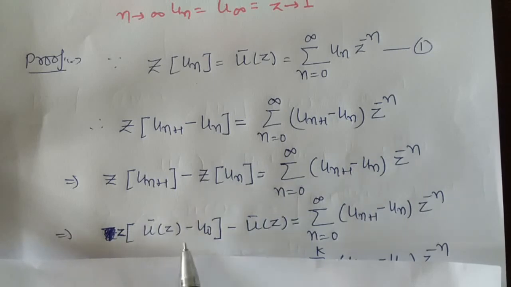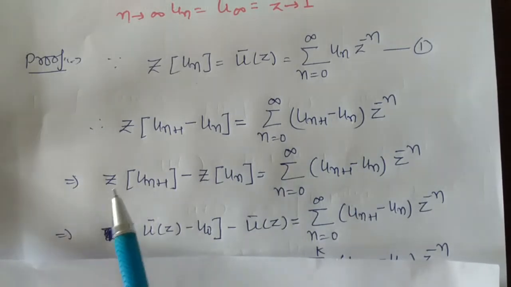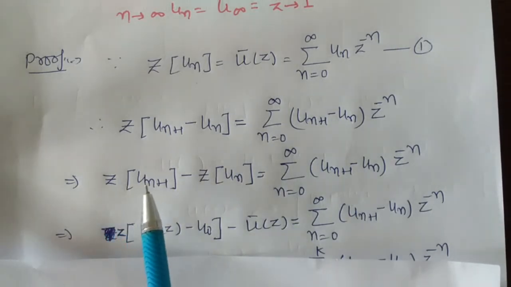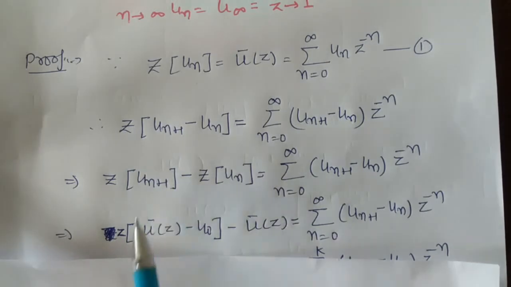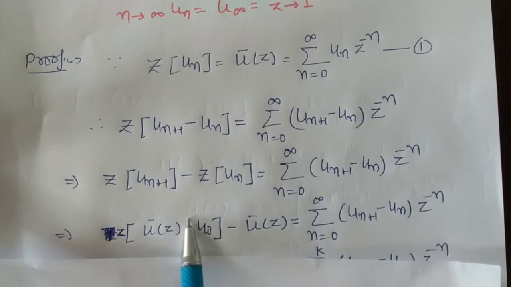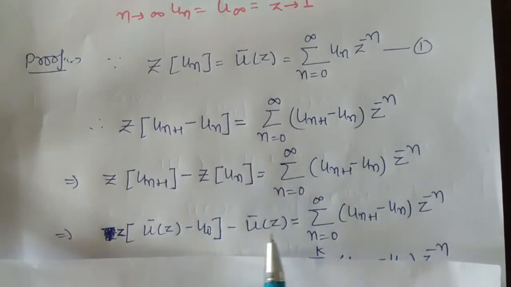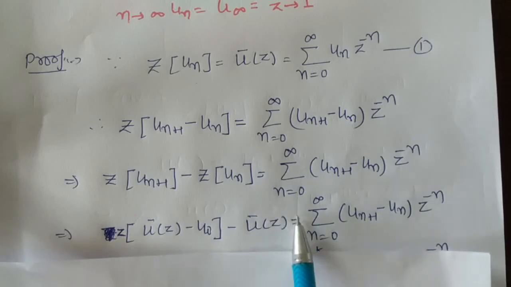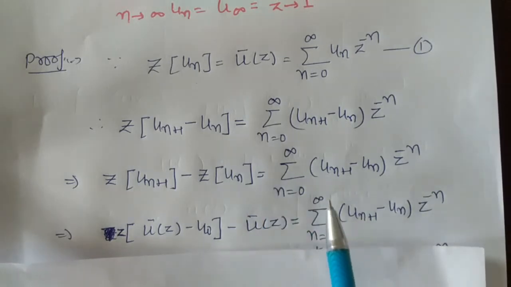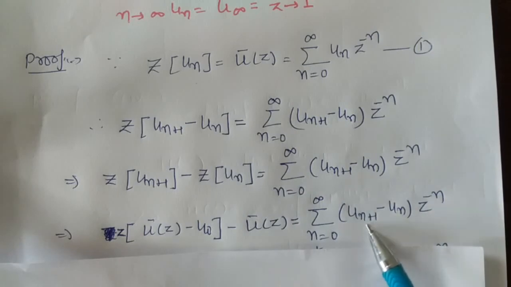We already discussed this deduction in the shifting to left property in the previous video, where we get the z transform of un plus 1 for k equal to 1 is z into u bar z minus u0. Minus here, the z transform of un is u bar z, is equal to the summation n goes from 0 to infinity of un plus 1 minus un multiplied by z power minus n.